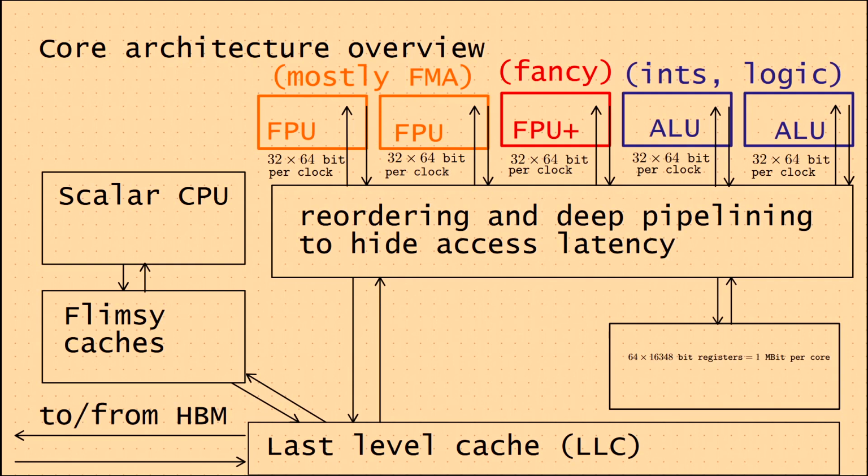The first 2 mostly do fused multiply-add and that kind of operations which occur in linear algebra, while the third FPU is fancy, I will call it, and has in-hardware instructions for square roots and division and other fun stuff like that, while ALUs operate on integers and as logical operations on the bits which make up those integers, like knotting a number.